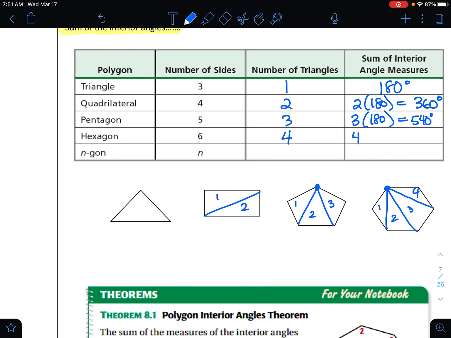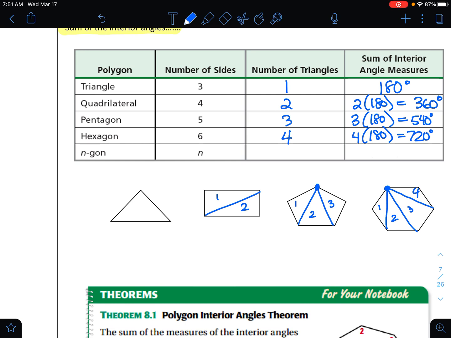Okay, hexagons have 4 triangles. Well, I need to take 4 times 180. That would be 720 degrees. So this angle here, plus this one, all 6 of them add up to 720.